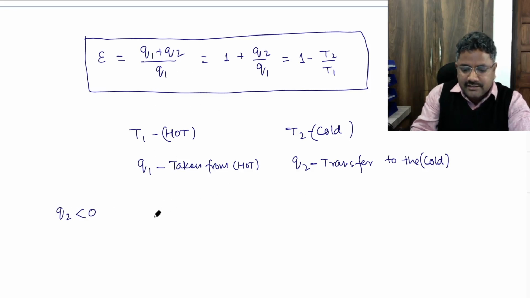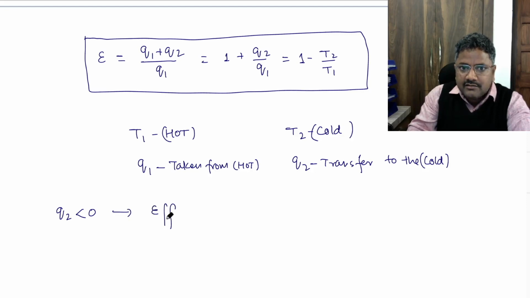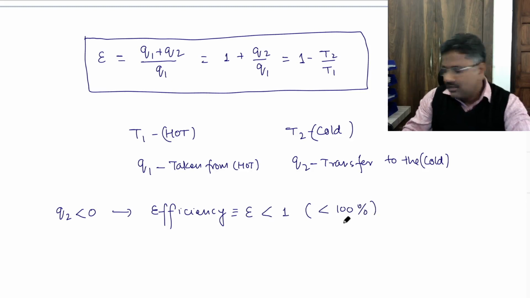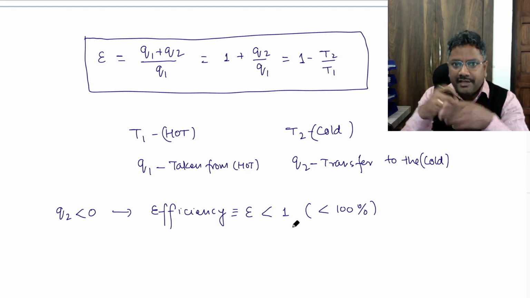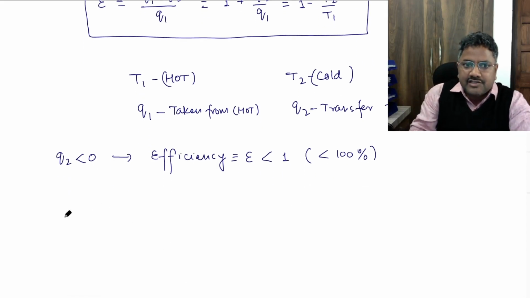So the efficiency E is less than 1, I mean less than 100%. So for any such Carnot engine or heat engine, efficiency is always less than 100%.